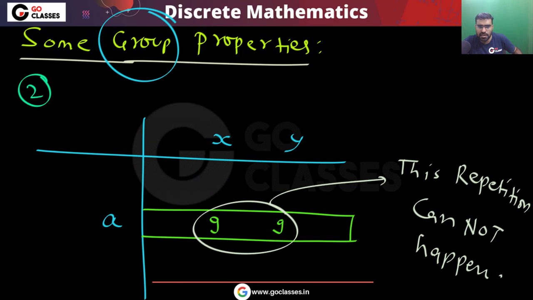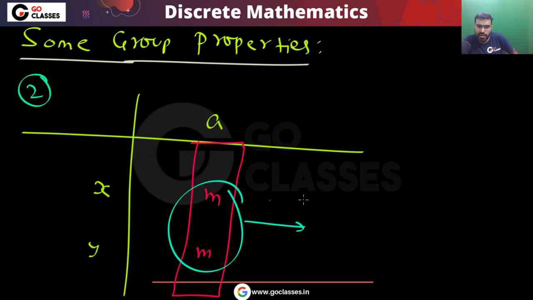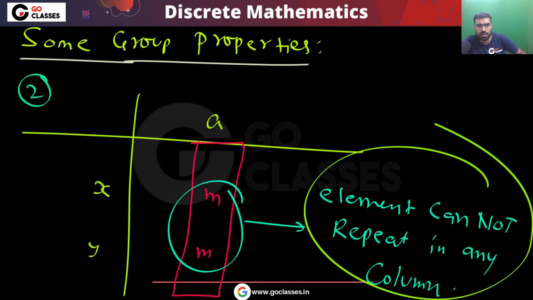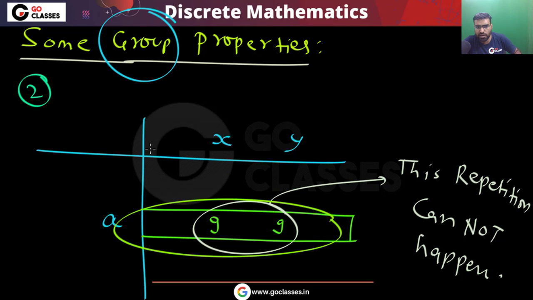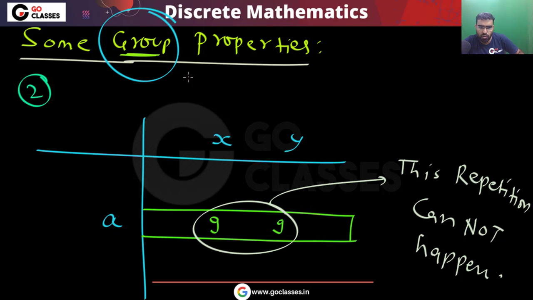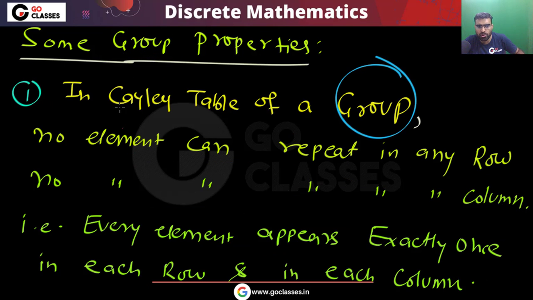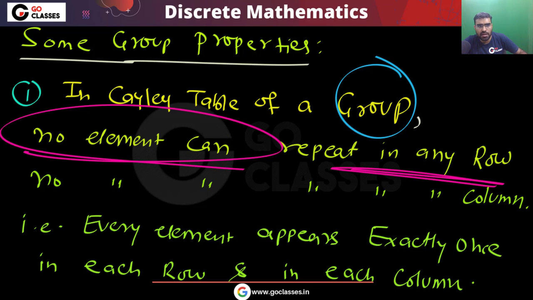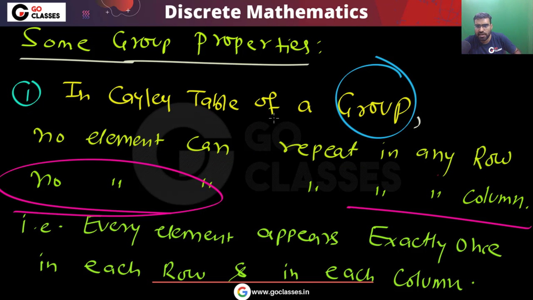We have already seen the proof in the lectures, but we are going to use these properties. No element can repeat in any row, and similarly no element can repeat in any column.